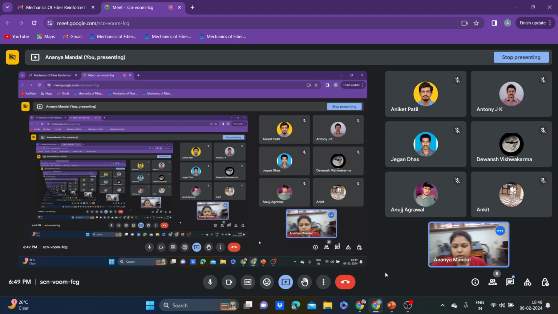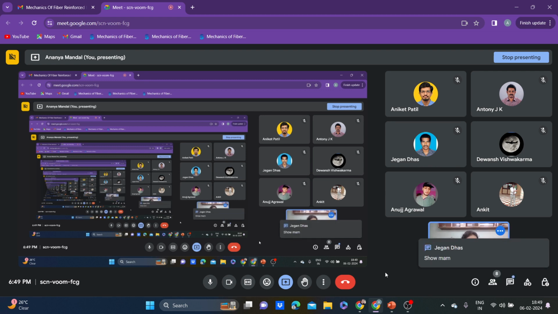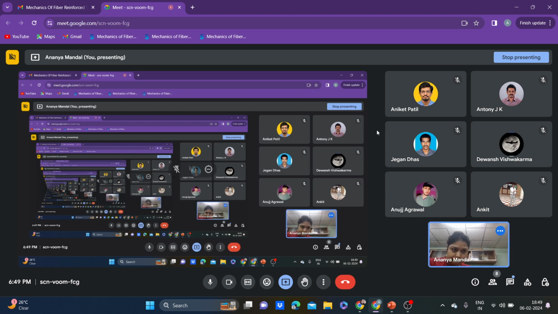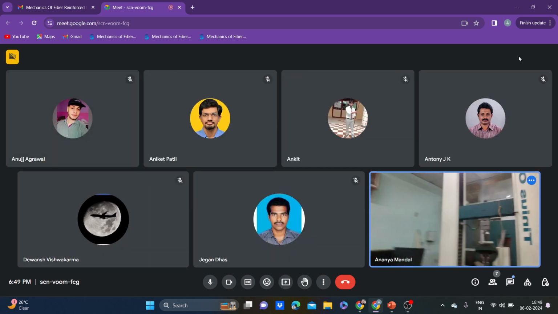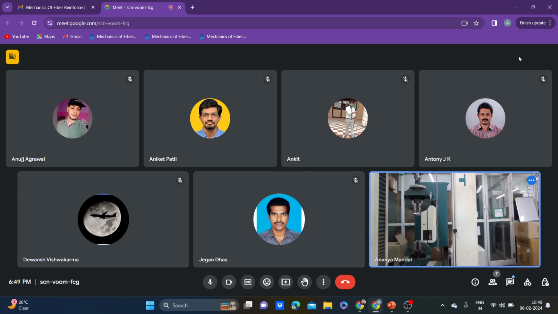So mostly for modulus, there are different attachments. So this is a UTM. It has these kinds of attachments which are used for testing.